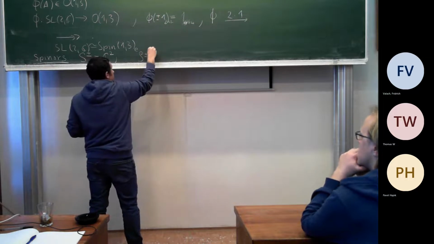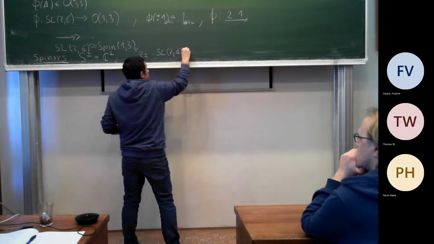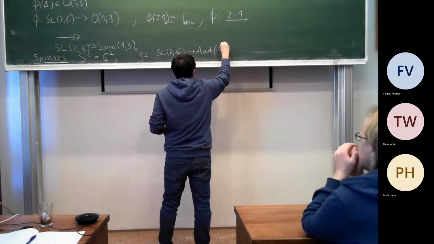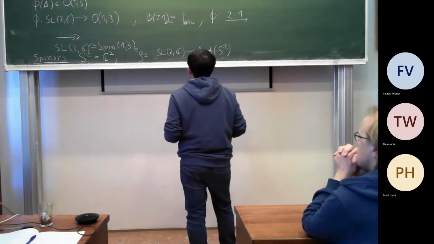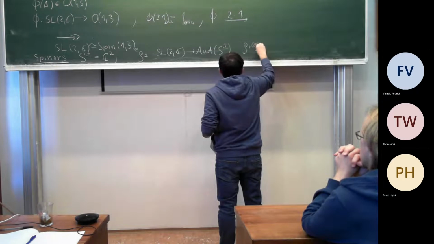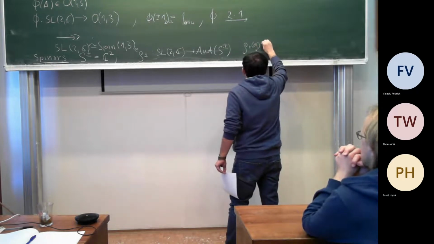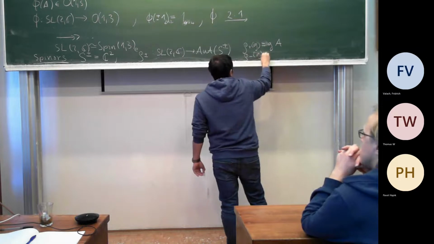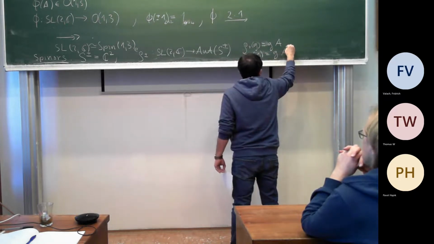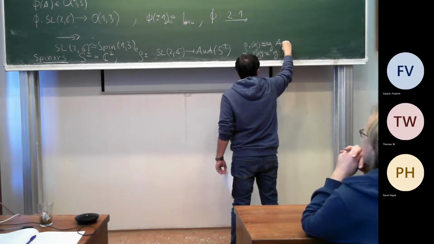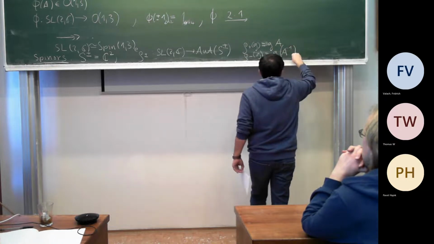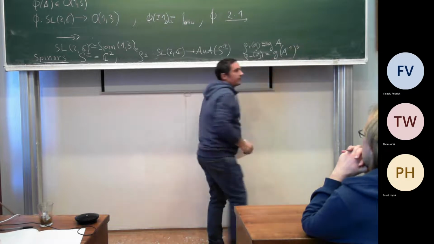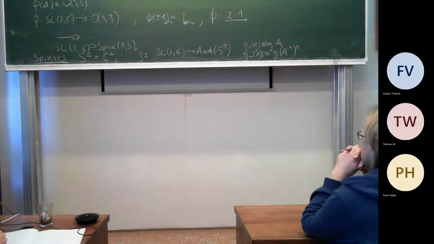And you have two representations of SL2C into automorphisms of these two spaces, given by just the regular representation and then by the contragredient, which is not dual in this case. Just a matter of definition.